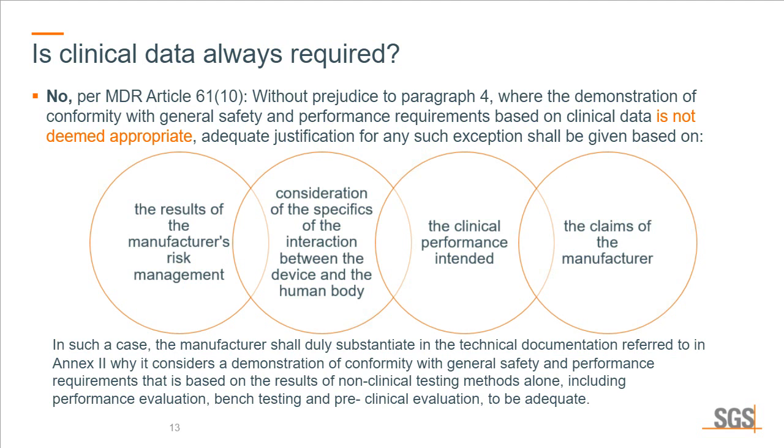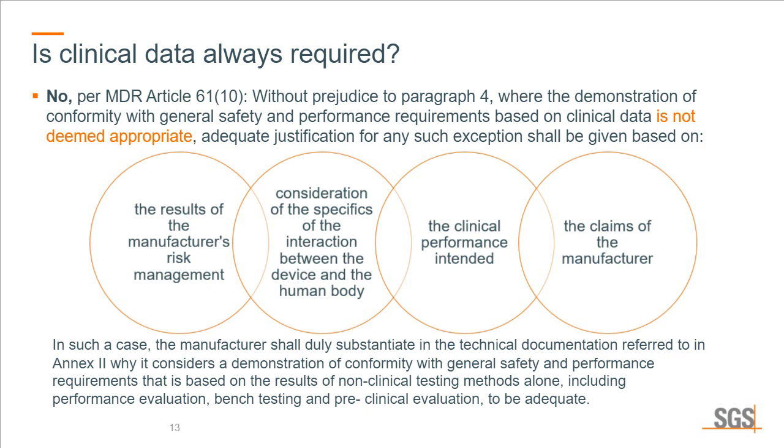In such case, the manufacturer shall duly substantiate in the technical documentation referred to in Annex 2 why it considers a demonstration of conformity with the GSPR that is based on the results of non-clinical testing methods alone, including performance evaluation, bench testing, and preclinical evaluation, to be adequate.